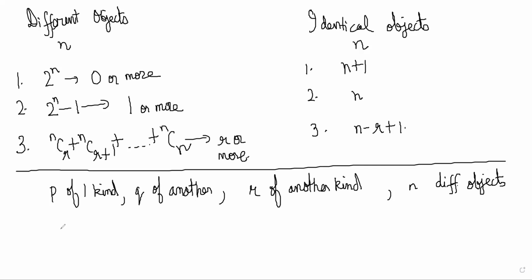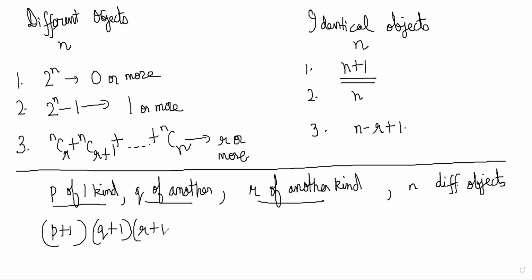These were identical objects. So the number of total ways of selecting 0 or more things would be p plus 1 from here, q plus 1 again from there, r plus 1, and 2 power n from here. Minus 1 if you have to select one or more.